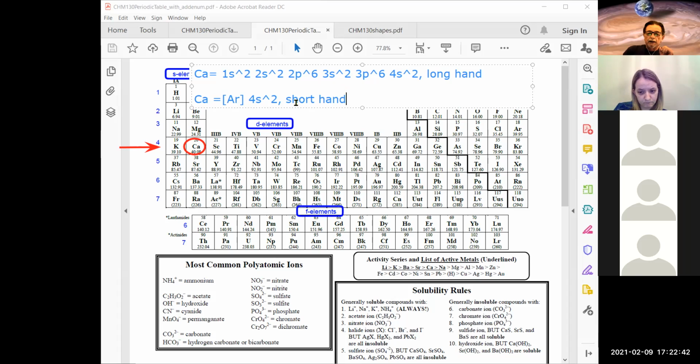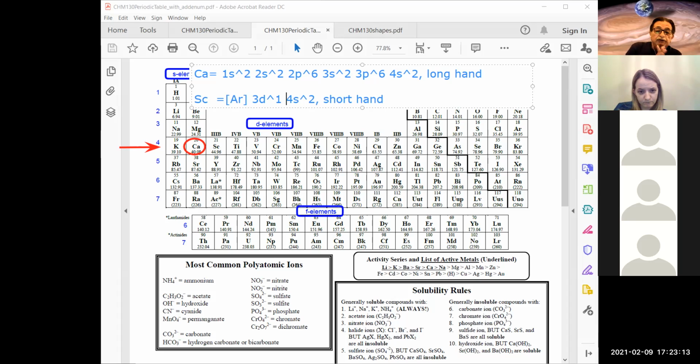Now, for example, we're at 20 now, but let's say we wanted to do number 21 in shorthand. Remember that's the D, and we subtract 1 from the period it's in, so 3D1. That would be the electron configuration for number 21, the one right after argon.